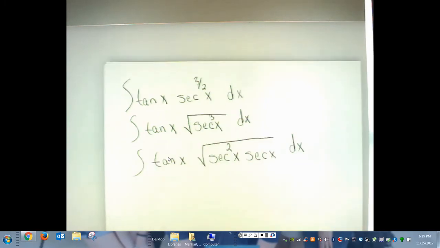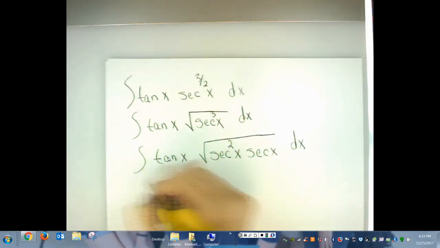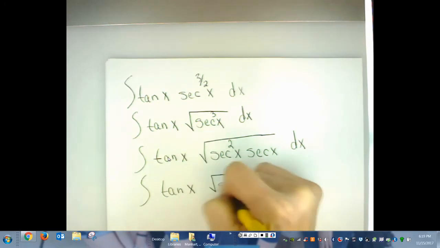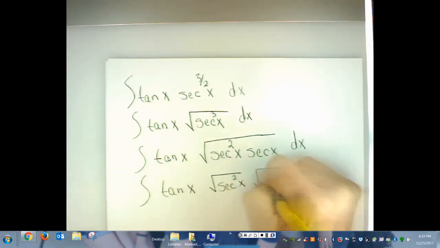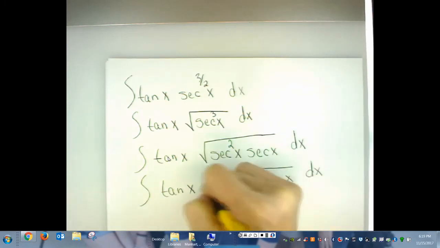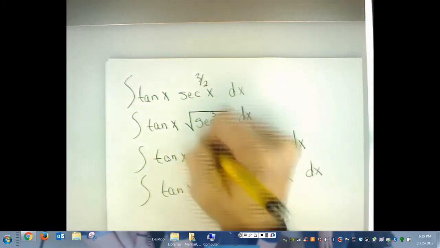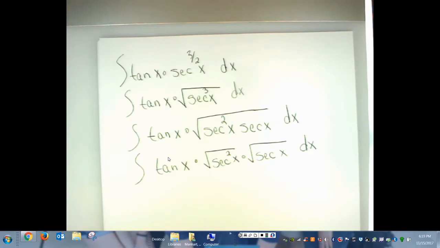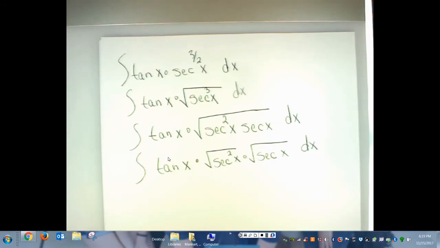Again, we're not changing the problem. We can break it up into the square root of secant squared times the square root of secant. Again, this is a product. And the square root of secant squared is just secant.